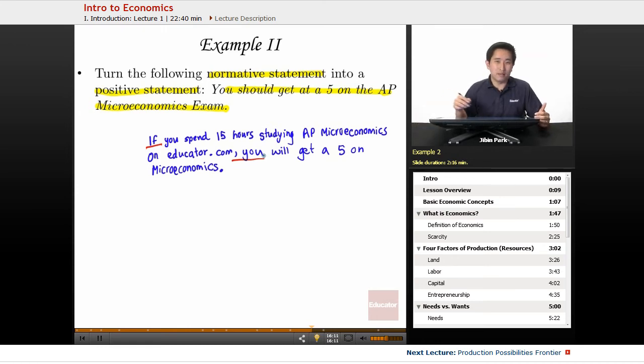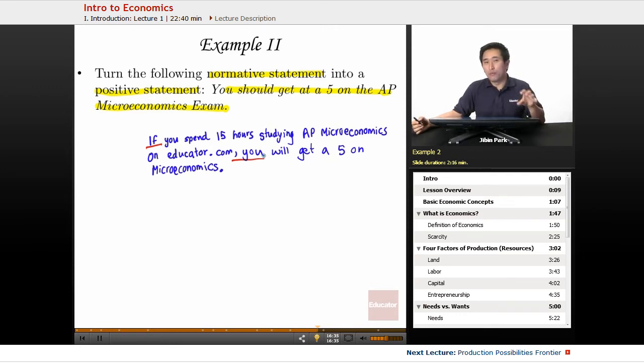One way I try to create an incentive for students would be: if you cheat, then you will get a referral, you'll get detention, your grade will be lowered, etc. So that's one way to turn a normative statement into a positive statement. Even if a student asks, should I do my homework, Mr. Park? I'll answer, well, if you want to get a better grade in my class, then do your homework.